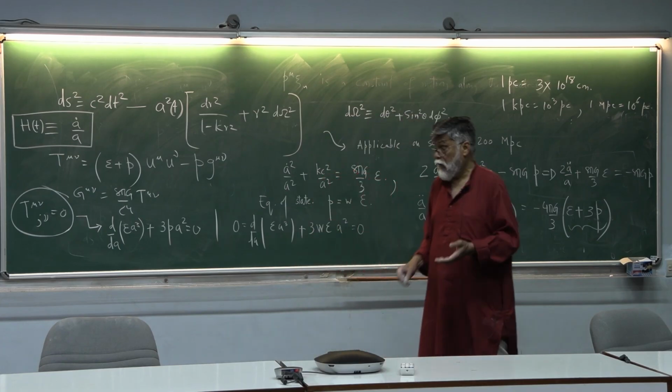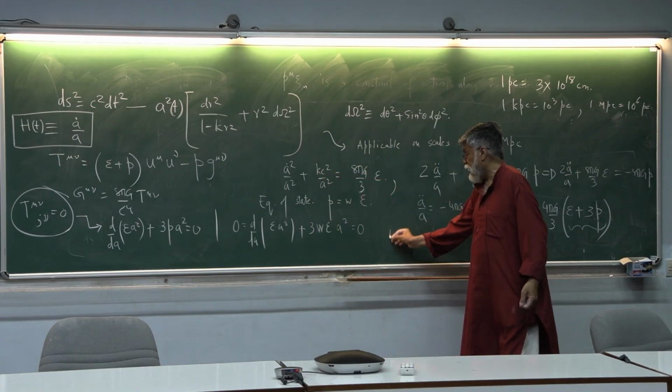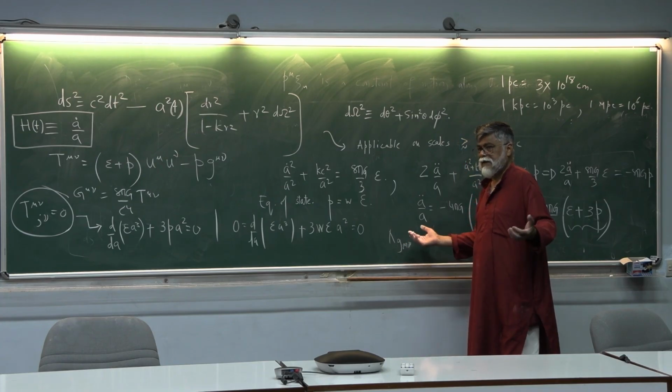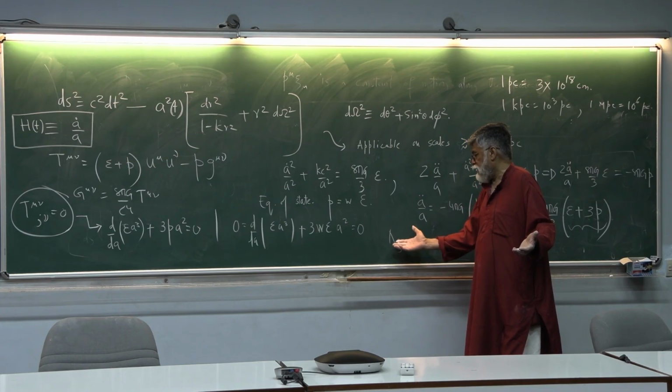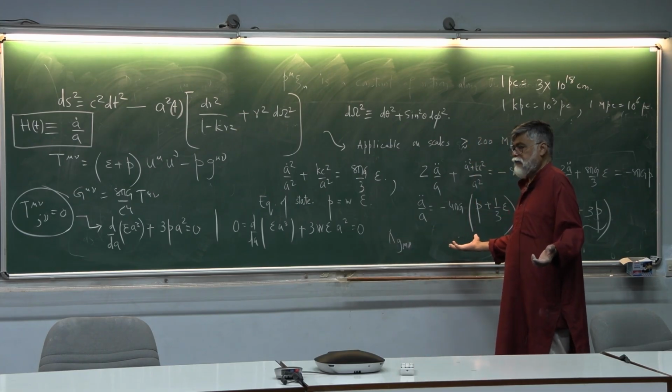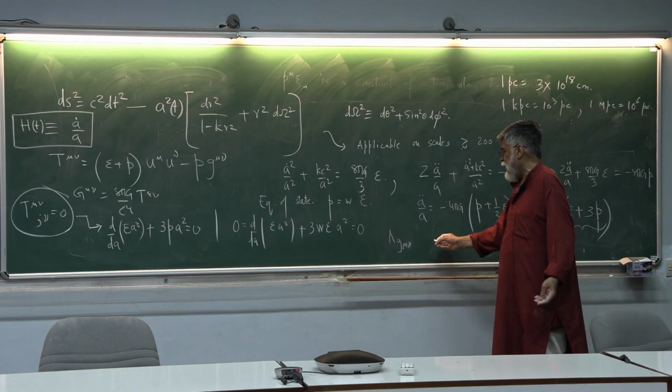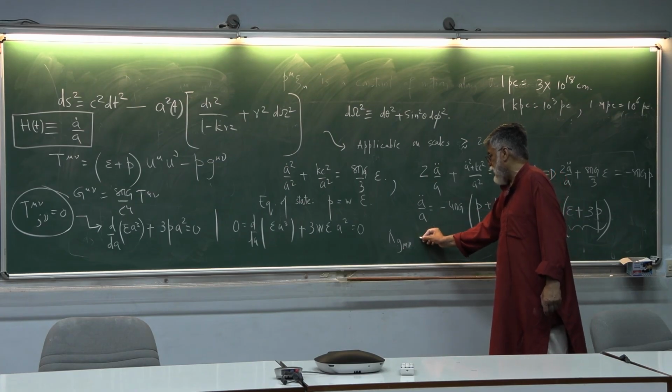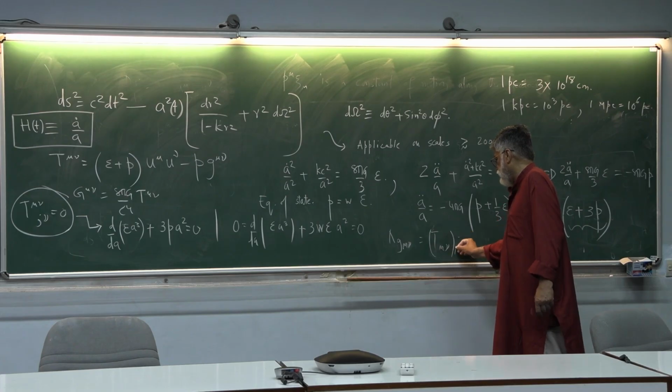I told you, I can add to the Einstein equation this term g mu nu, and that's the Einstein equation. But this quantity I could have taken to the energy momentum tensor side. So therefore I can say that the cosmological constant energy momentum tensor T mu nu for lambda is this.